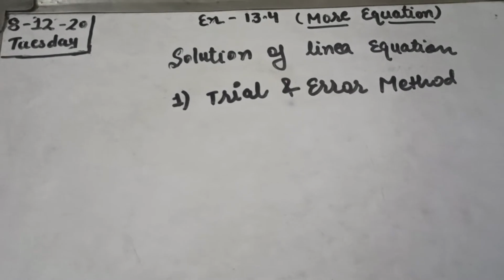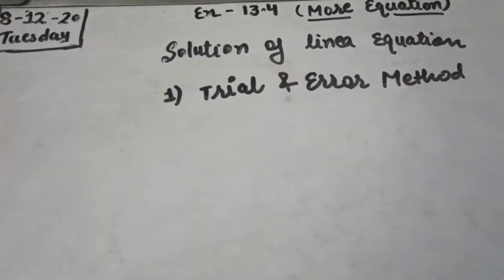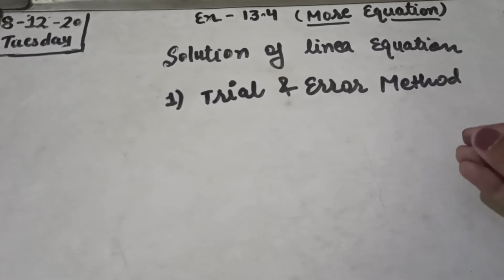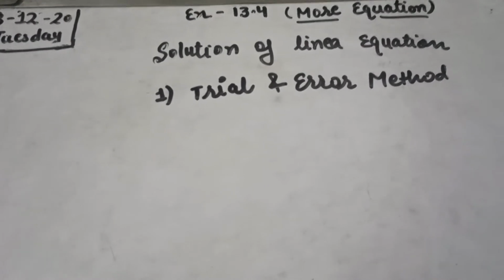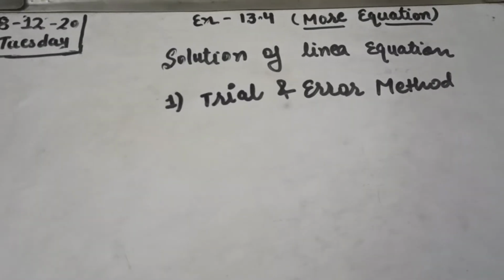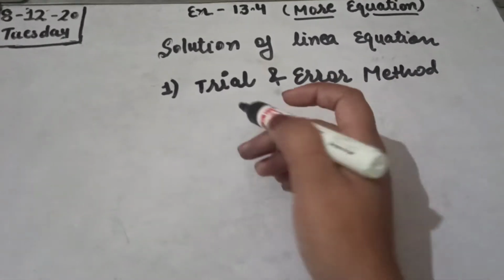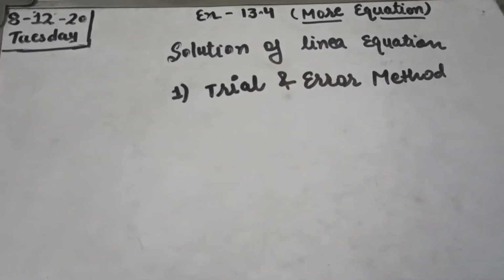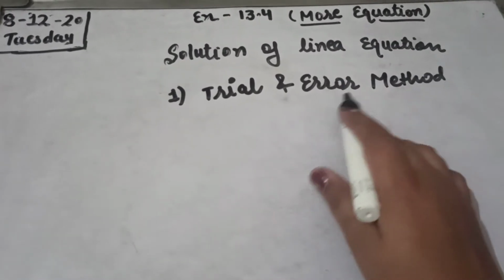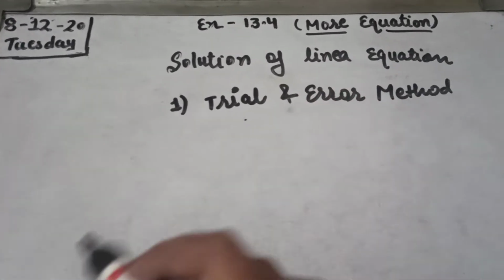Trial and error method means you have to try, and if the value is wrong, again you will put another value and try to find the solution. That's why the name of this method is trial and error. Try, if error, then again try.